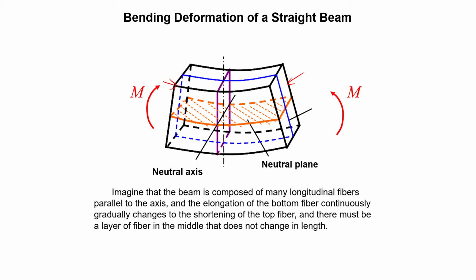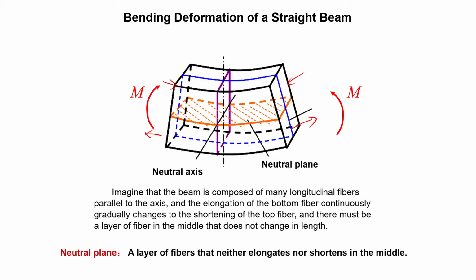The part below it is under tensile stress. So the changing stress throughout the plane is very different, from a negative value to 0, and then back to a positive value.